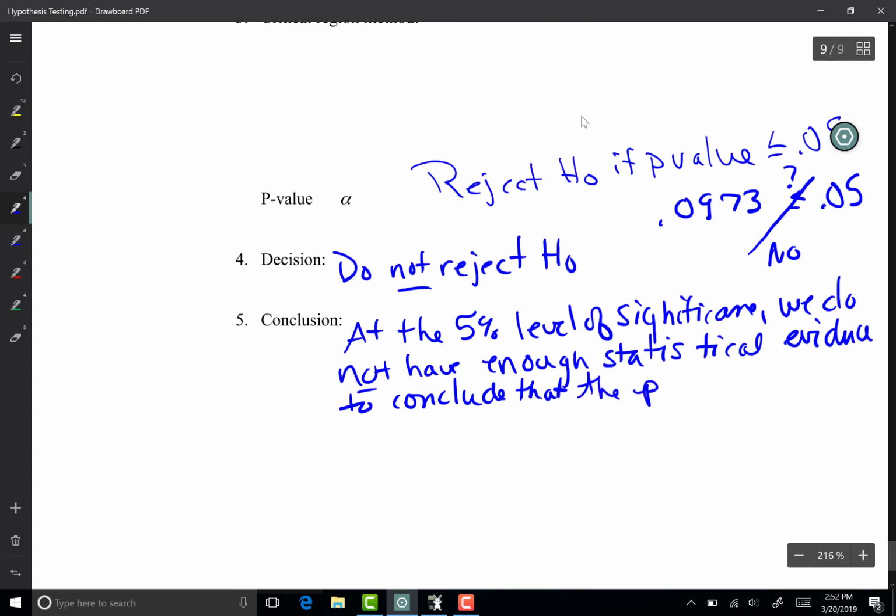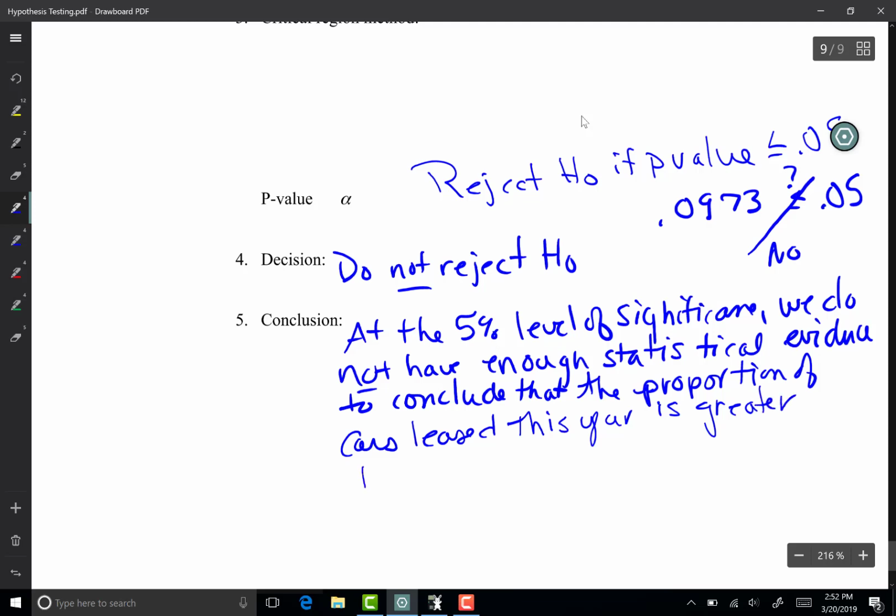The proportion of cars leased this year is greater than last year. Okay? Make sense?